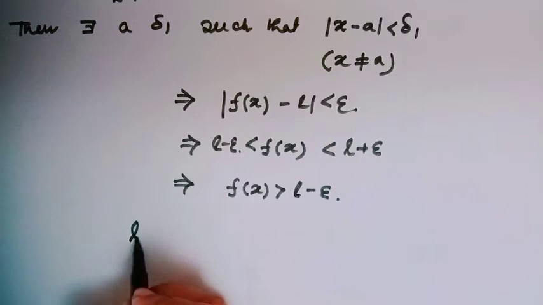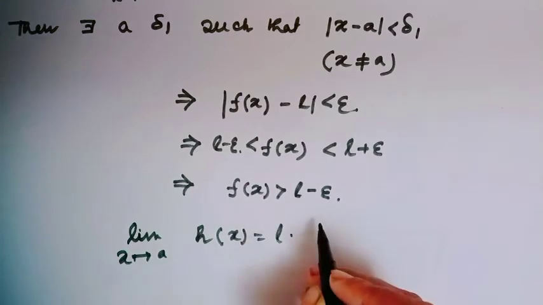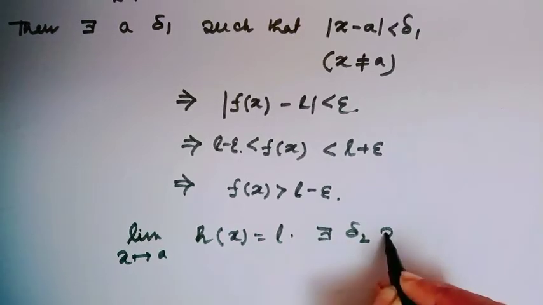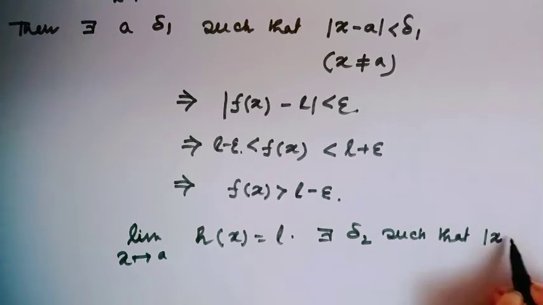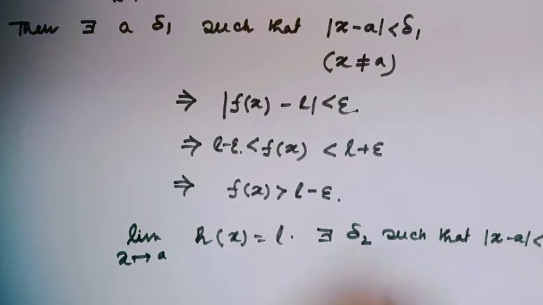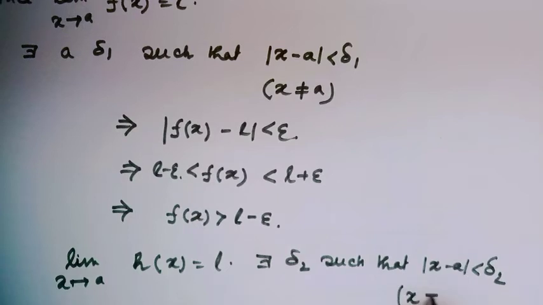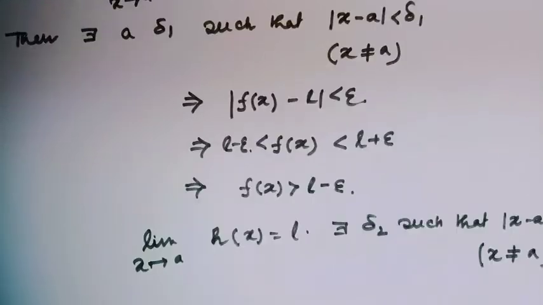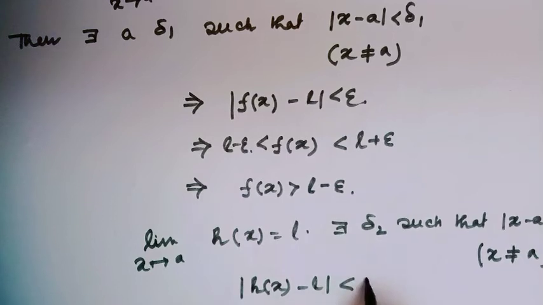Similarly, since the limit as x goes to a of h(x) equals L, there exists a delta 2 such that the absolute value of x minus a less than delta 2, with x not equal to a, implies the absolute value of h(x) minus L is strictly less than epsilon.